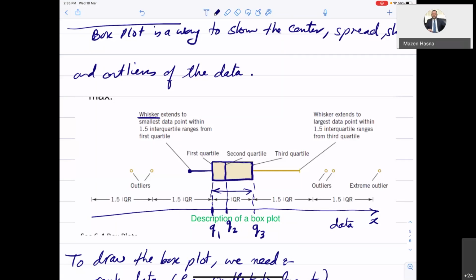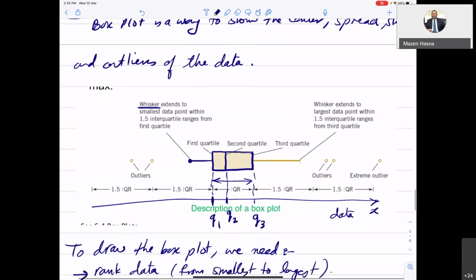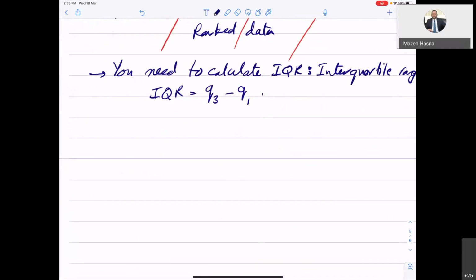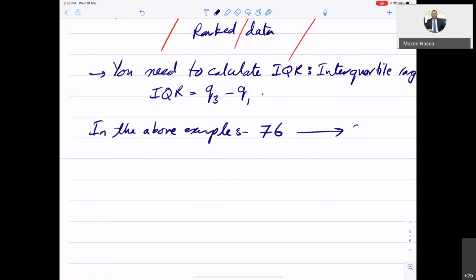Let's do some numbers. In the above example, we had data from 76 all the way to 245, right?